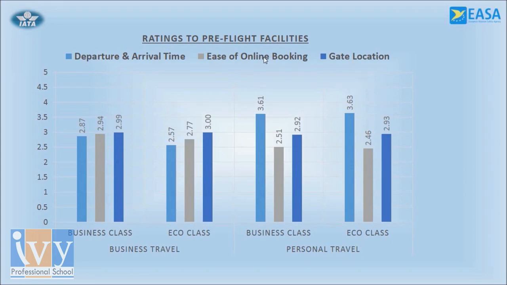Now we are looking at the second pre-flight service, which is the ease of online booking. As is pretty evident, the personal travelers have rated it lower than the business travel purpose passengers. So, what can be done to bring the ratings up?